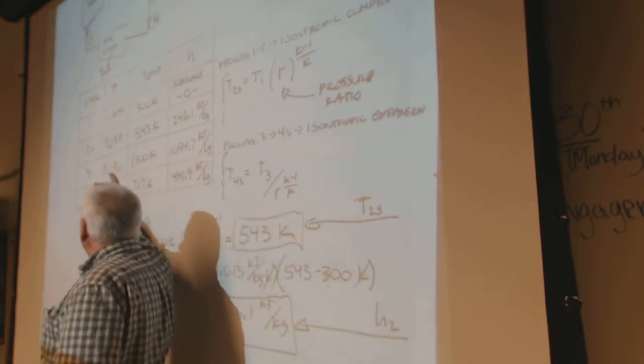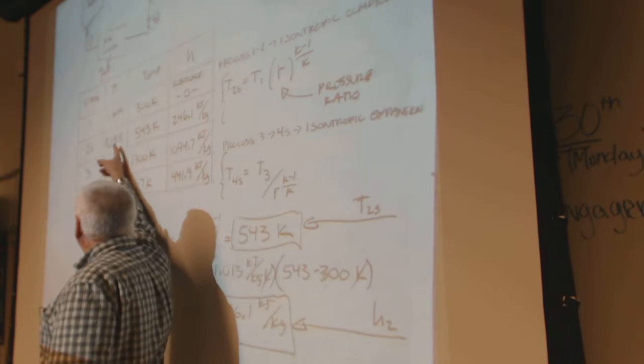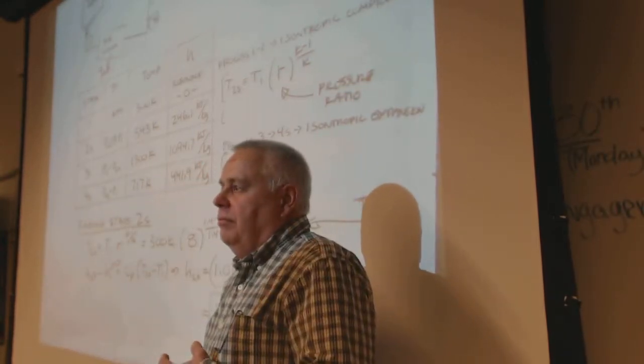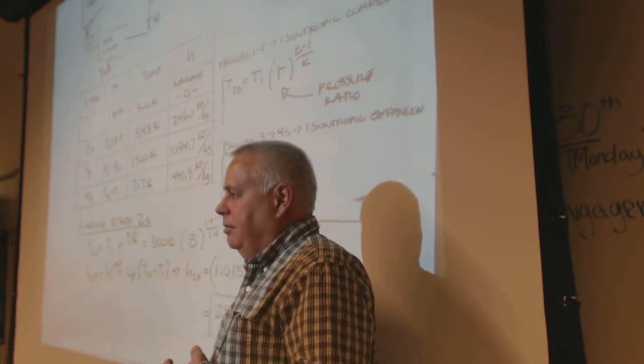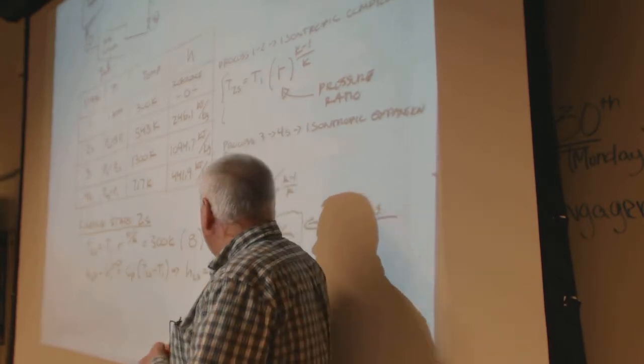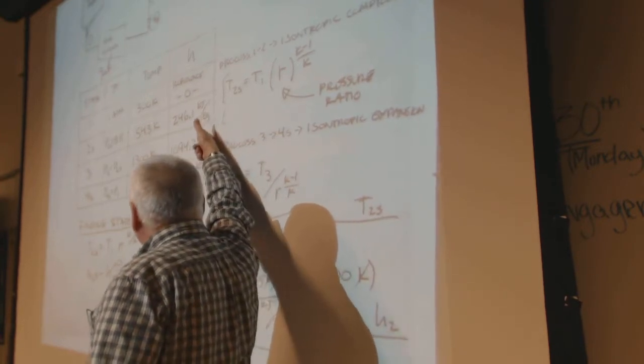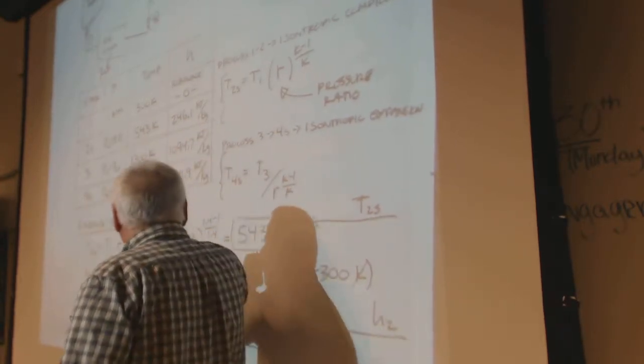So, well, we know the pressure is the same there as it was here, so it's a constant pressure process, and we just use the ideal gas law to find that number, and that's what we did last time. And then it expands with an isentropic one.